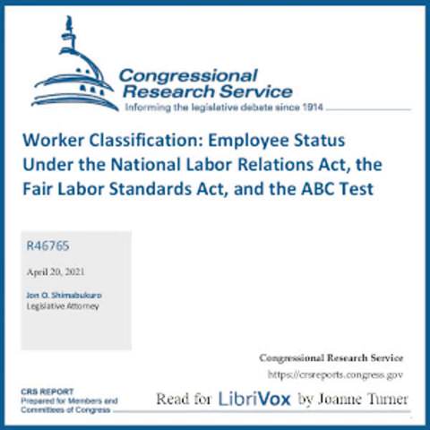And C, the individual is customarily engaged in an independently established trade, occupation, or business of the same nature as the work performed for the entity. This test has been deemed the ABC test because all three elements must be satisfied before an individual will be classified as an independent contractor.